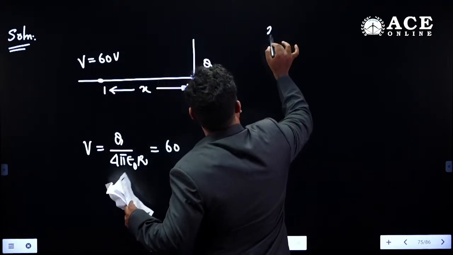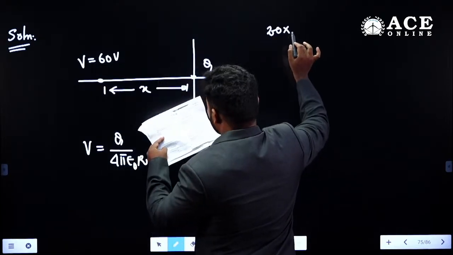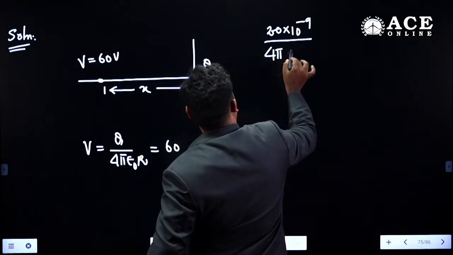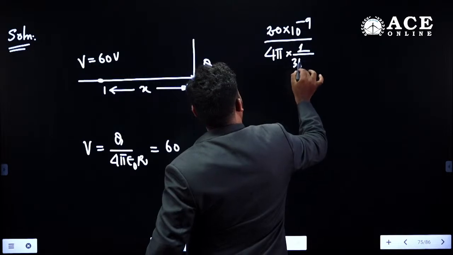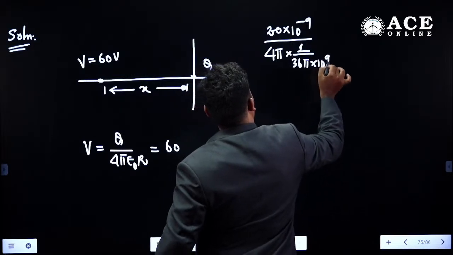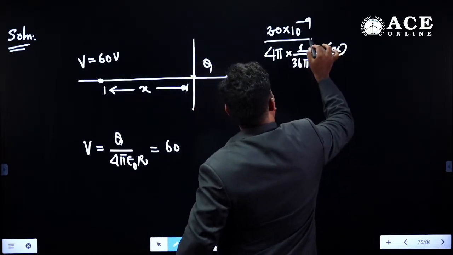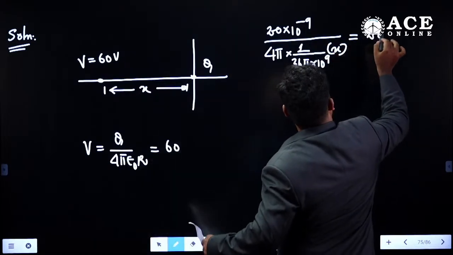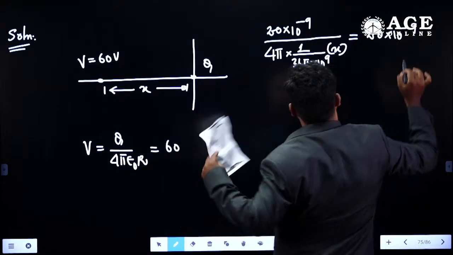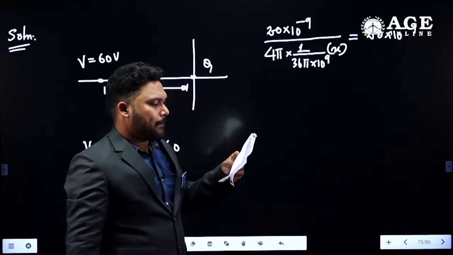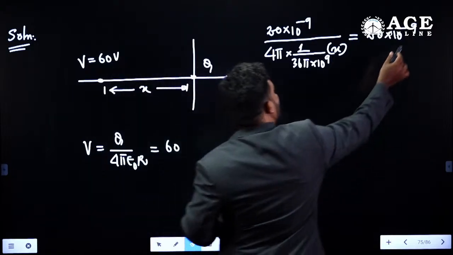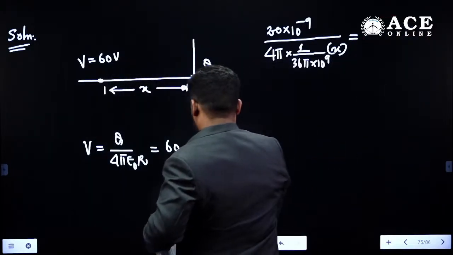So the Q is 20 into 10 to the power of minus 9, divided by 4 pi into epsilon naught, whose value is 1 by 36 pi into 10 to the power of 9, into R, which here is X, which is equal to 60 volts.